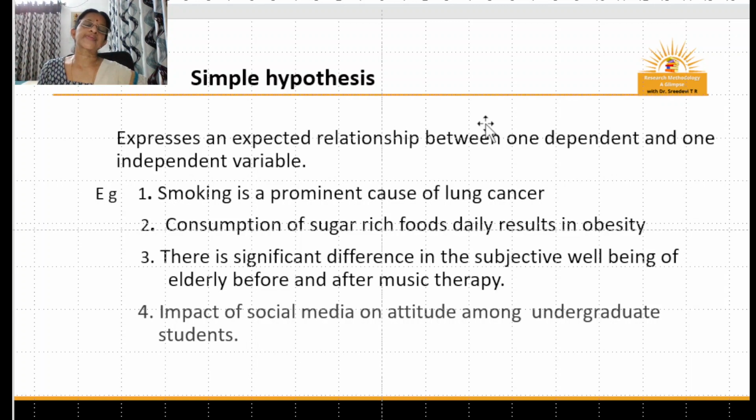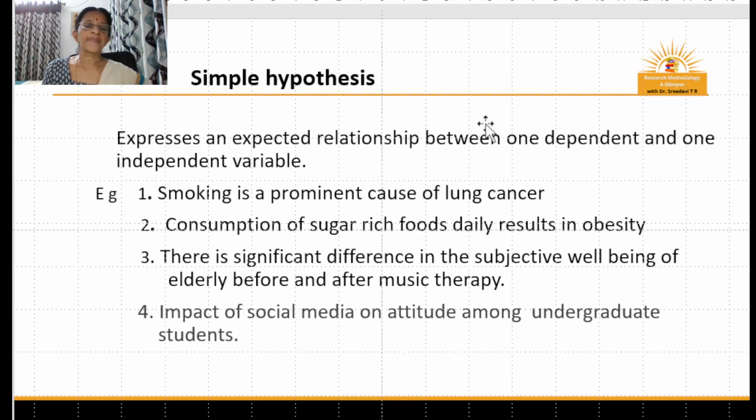What is simple hypothesis? Simple hypothesis expresses an expected relationship between one dependent and one independent variable. Here only one dependent and one independent variable, that is why it is called simple hypothesis.